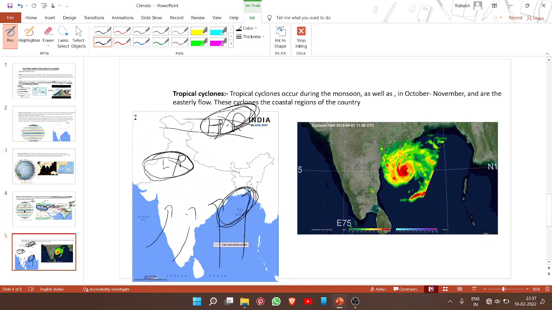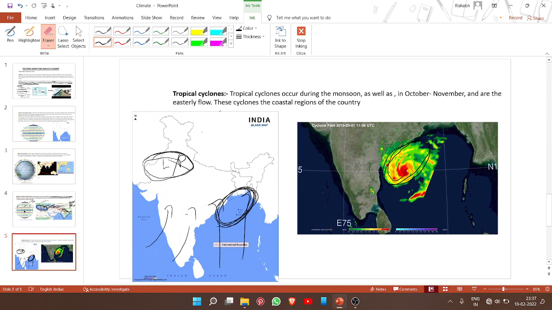And see, the cyclone attacks in this low pressure region. This is known as cyclone. In general, cyclone means the wind which comes to fulfill the low pressure zone. And low pressure is generally created after the summer due to the excessive heat.